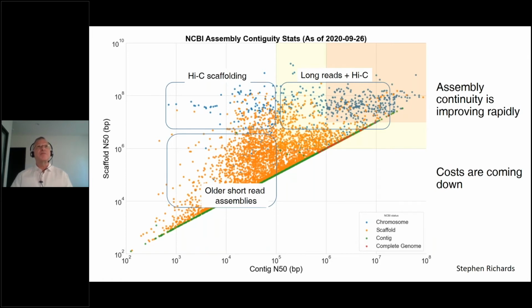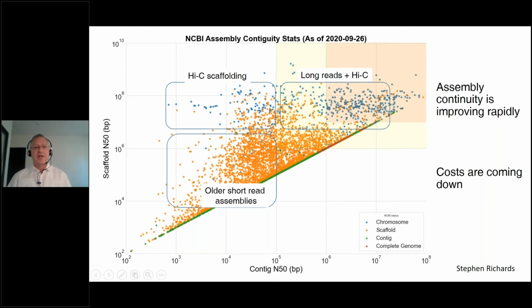This figure, which was beautifully made by Steve Richards at UC Davis, shows a plot of the scaffold N50 against the contig N50 for all the 5,700 species with genome information in the NCBI database. The genomes created with short reads mostly fall within a contig N50 of less than 100,000 base pairs and a scaffold N50 of less than 10 million base pairs.